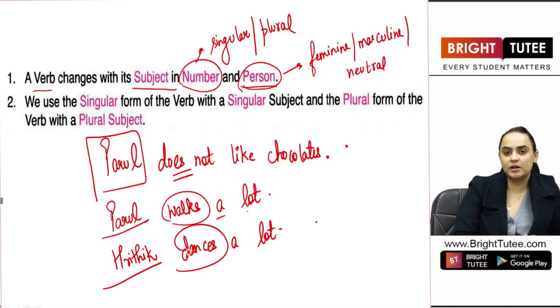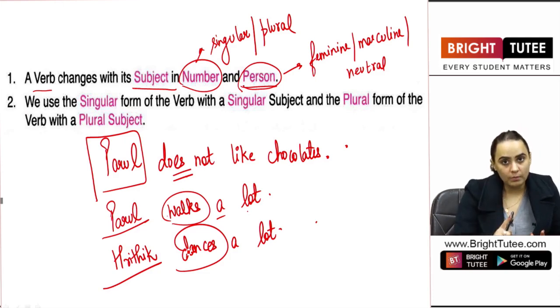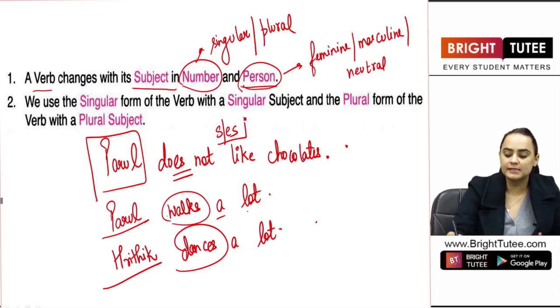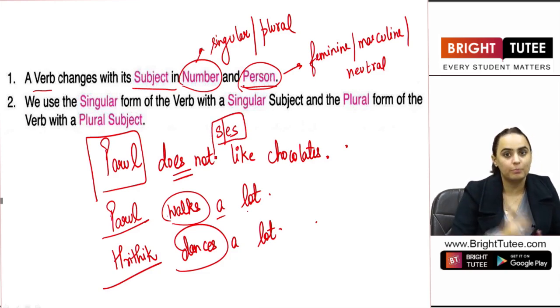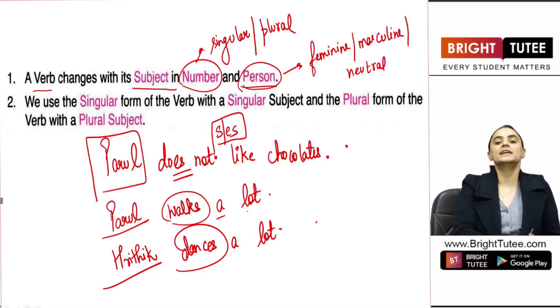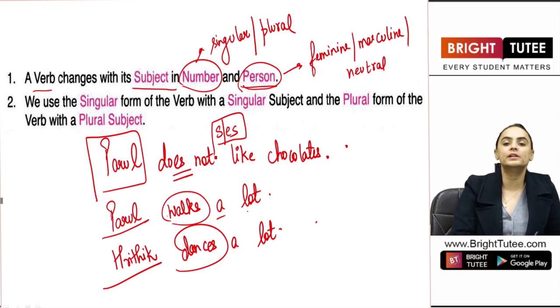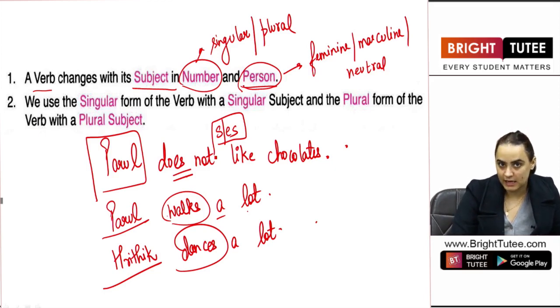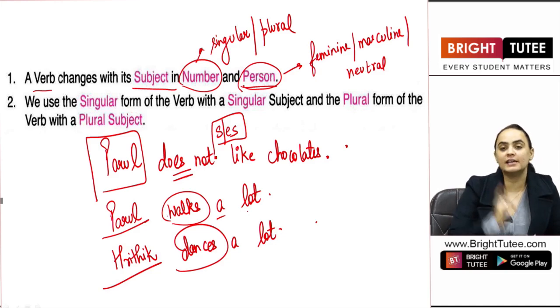With a singular subject, the verb will have an s or an es as the ending, provided the sentence is written in the simple present tense. So when my sentence is written in the simple present tense, the verb will have s or es as the ending.